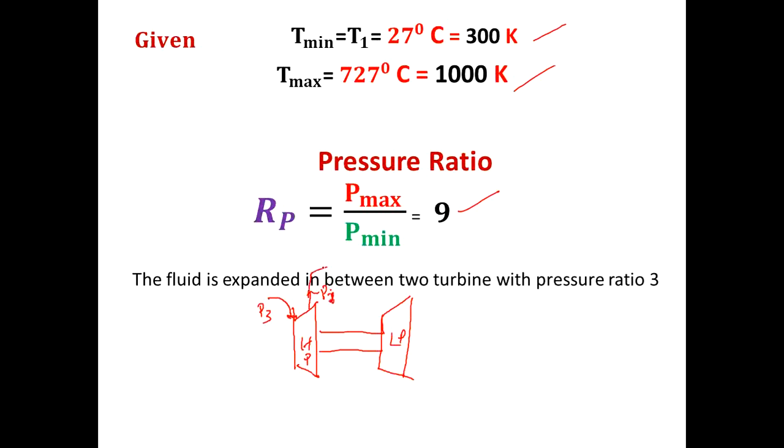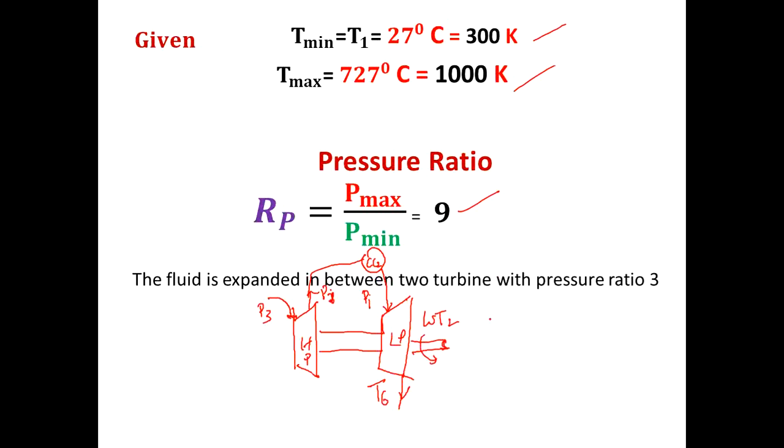Let me tell, this one is Pi. And then combustion chamber 2, constant pressure heat addition process. After absorbing the heat energy, at the same P5, it will come to the low pressure turbine, and then it will drop to the temperature T6, and then it will develop some amount of work, that is WT2.